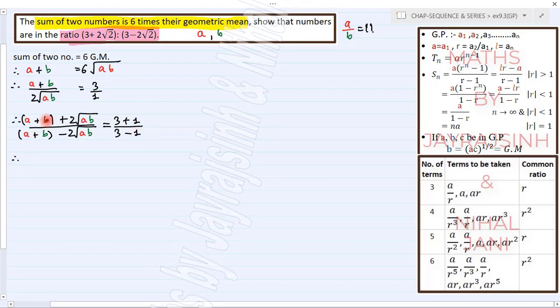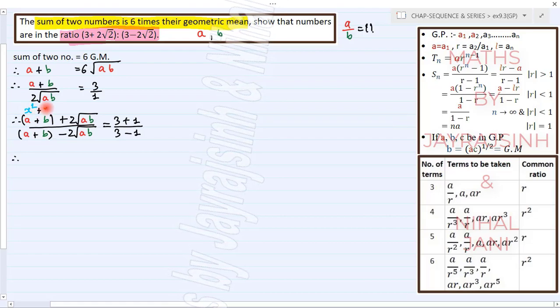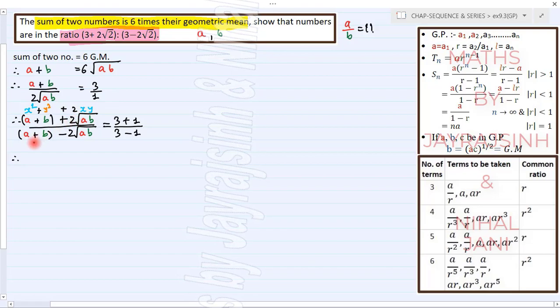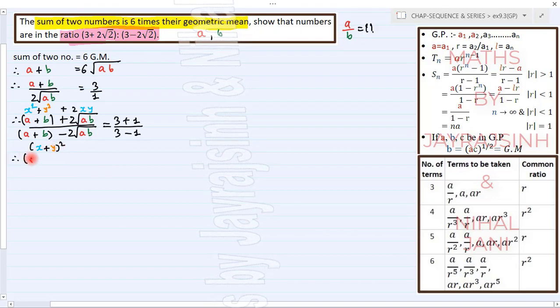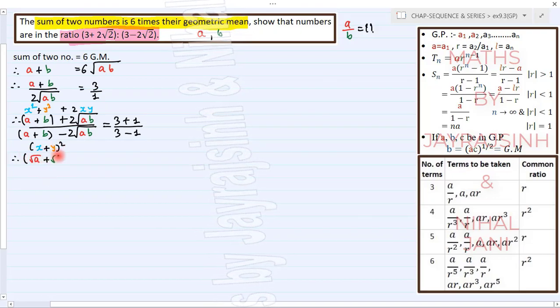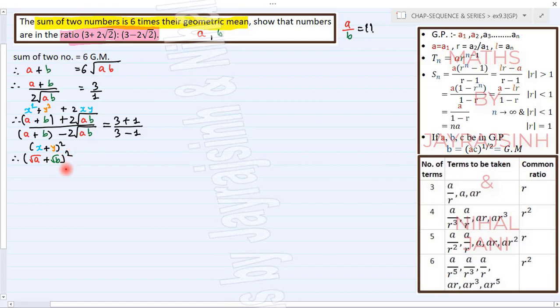So, on the left hand side, we have x square plus y square plus 2 times xy, which is converted into x plus y the whole square. So, it will become root a plus root b the whole square.